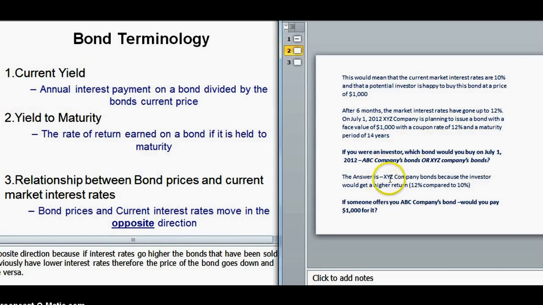So the answer is that the XYZ company bonds will be preferred by the investors for purchasing, because the investor is going to be getting a higher coupon rate, which is 12%, as compared to the ABC company bond, which is only giving a coupon rate of 10%.